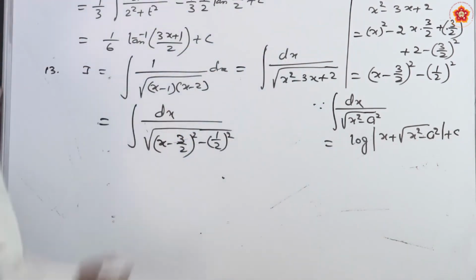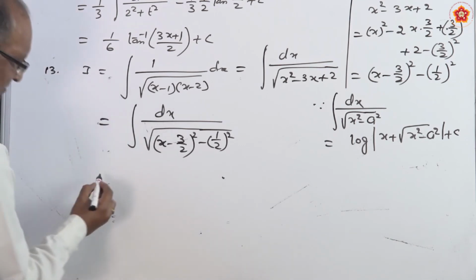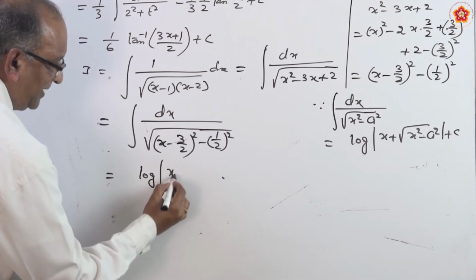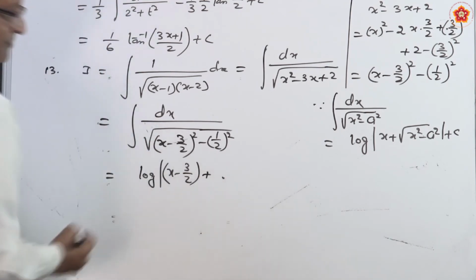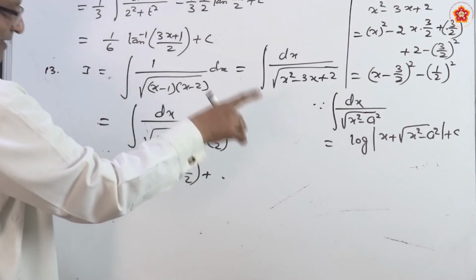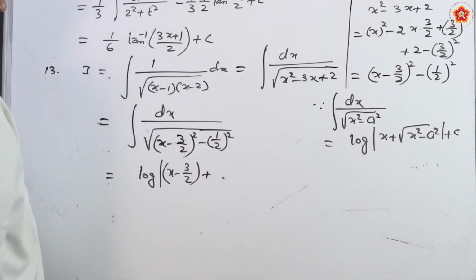Please use that formula. In place of x, you have x minus 3 by 2. Please remember, it will become log of x minus 3 by 2, that is x, plus inside, whatever you have as x square minus a square. Remember, it is nothing but the problem itself, because that only is simplified in that particular manner.